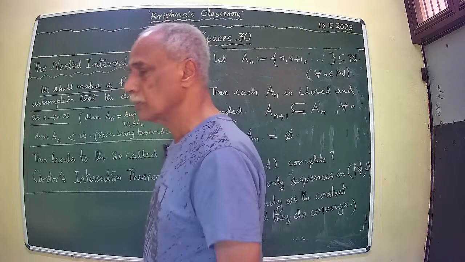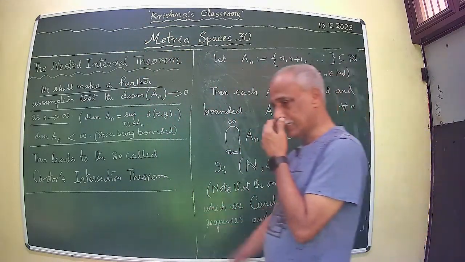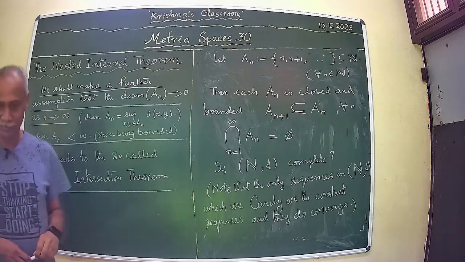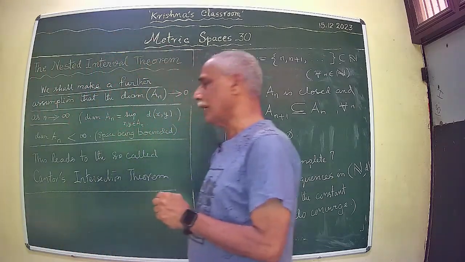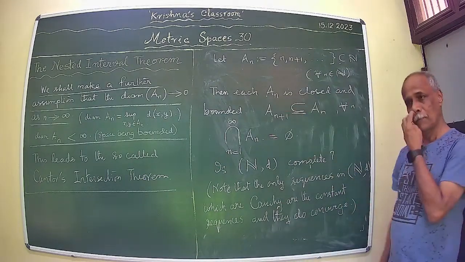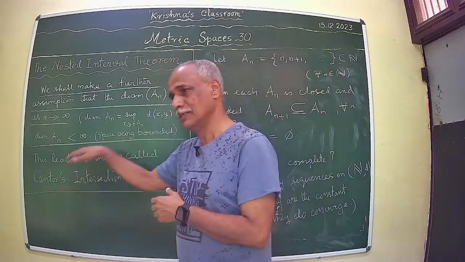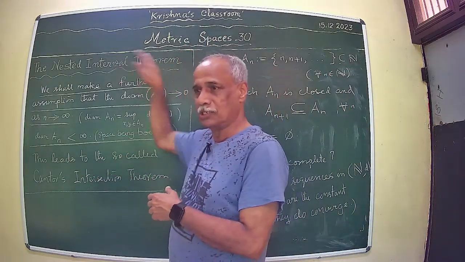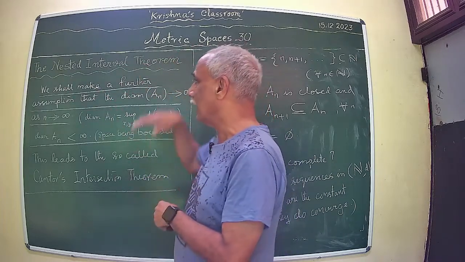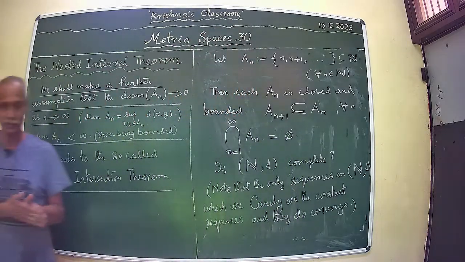I think I'll take it up in my next lecture. It's already an hour, more than an hour. So thank you very much. This is the sort of curtain raiser for Cantor's intersection: how your nested interval theorem would have a generalization in a general metric space. Thank you very much.